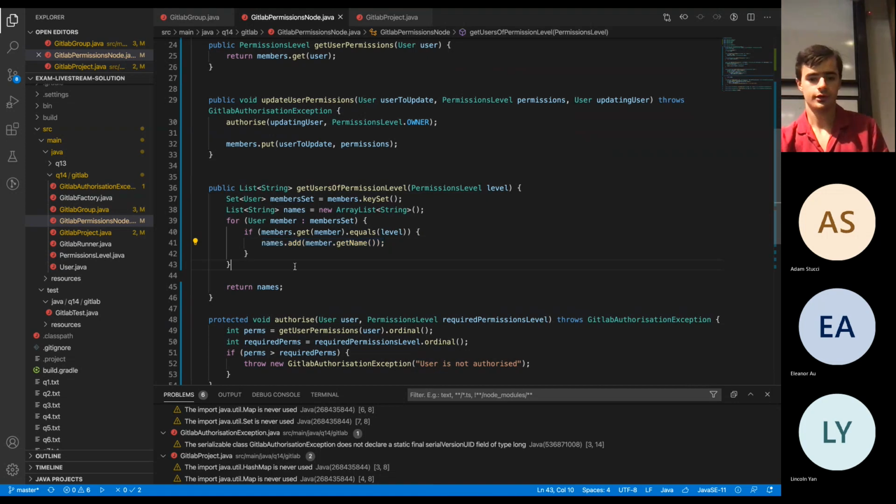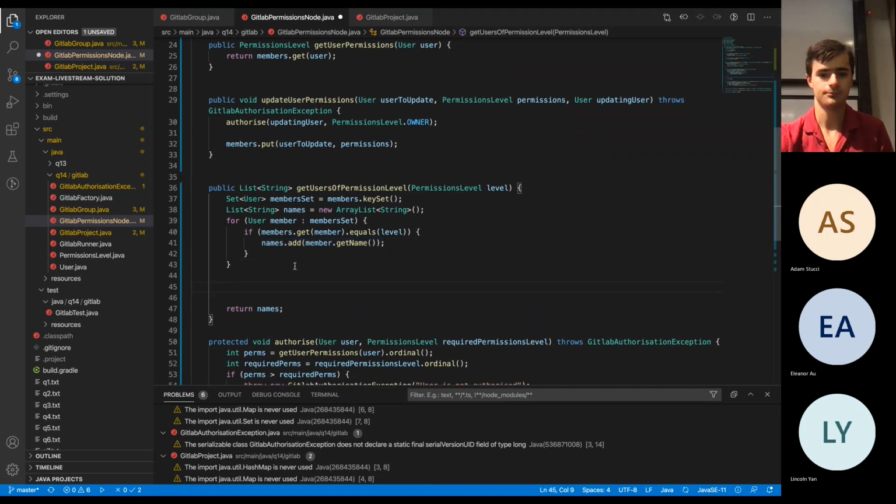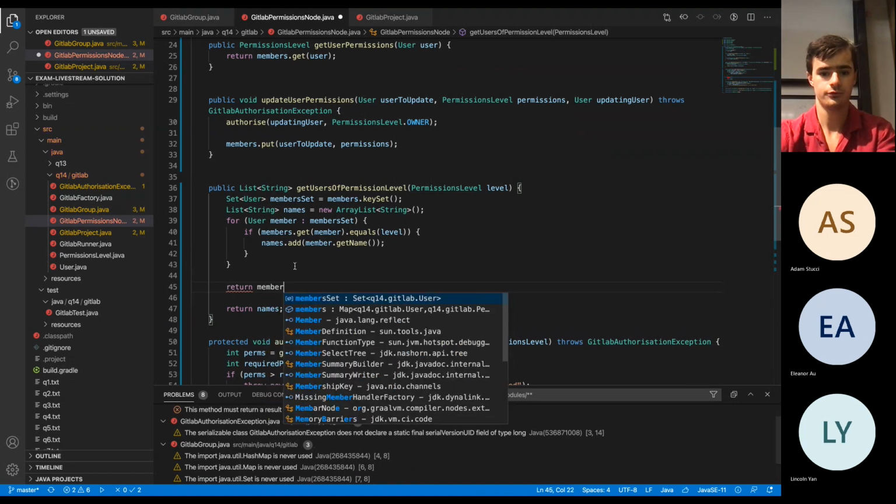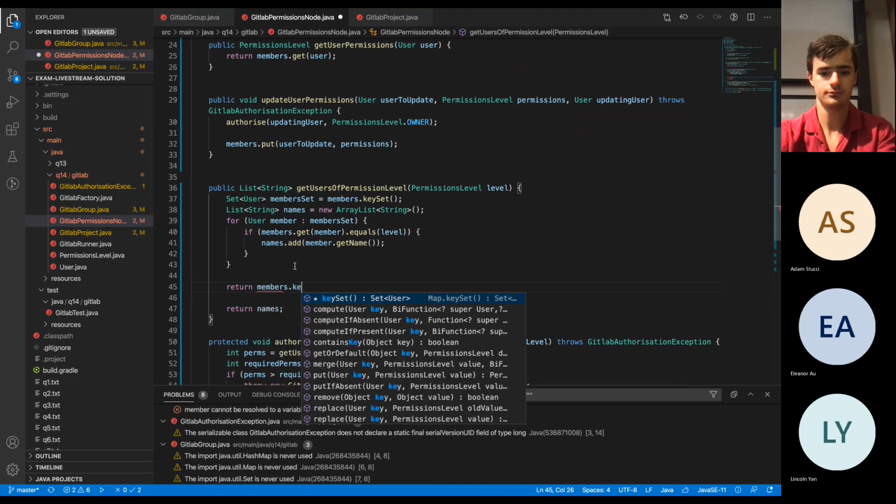So we can simplify that using our great friend Java streams. So I'm going to say return members.keySet.